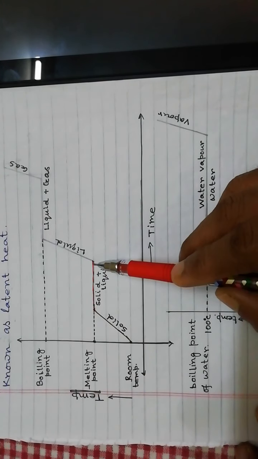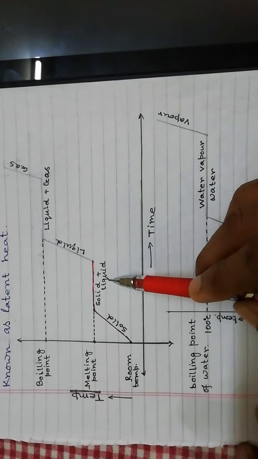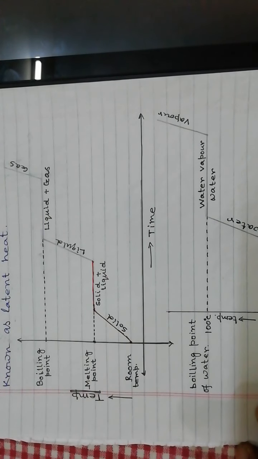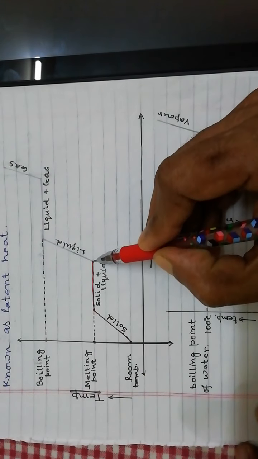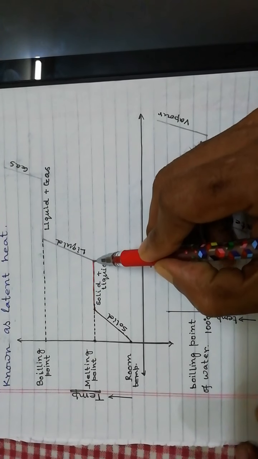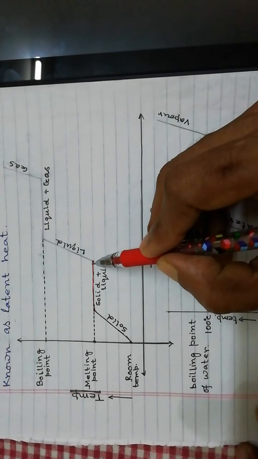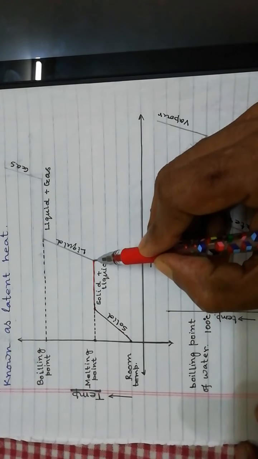In that portion, solid and liquid both remain at the same time. That means they coexist. When the time reaches that point, then the whole solid is converted to liquid.